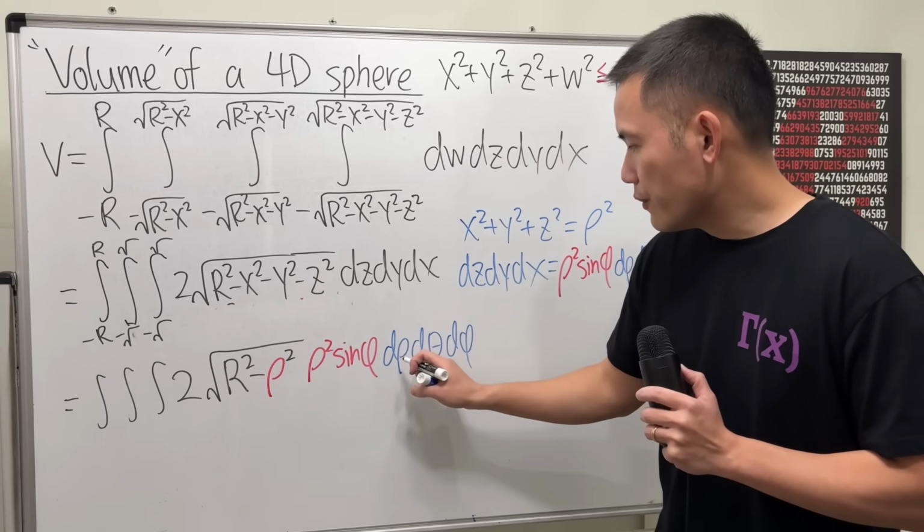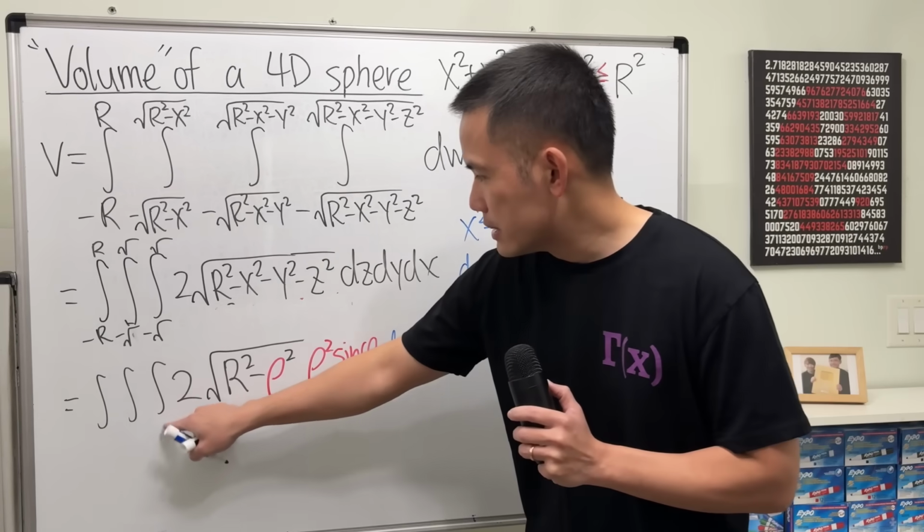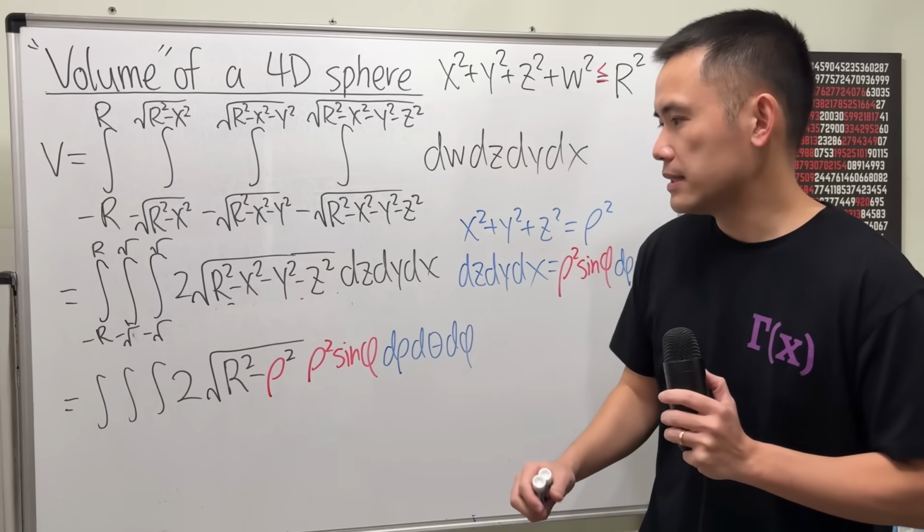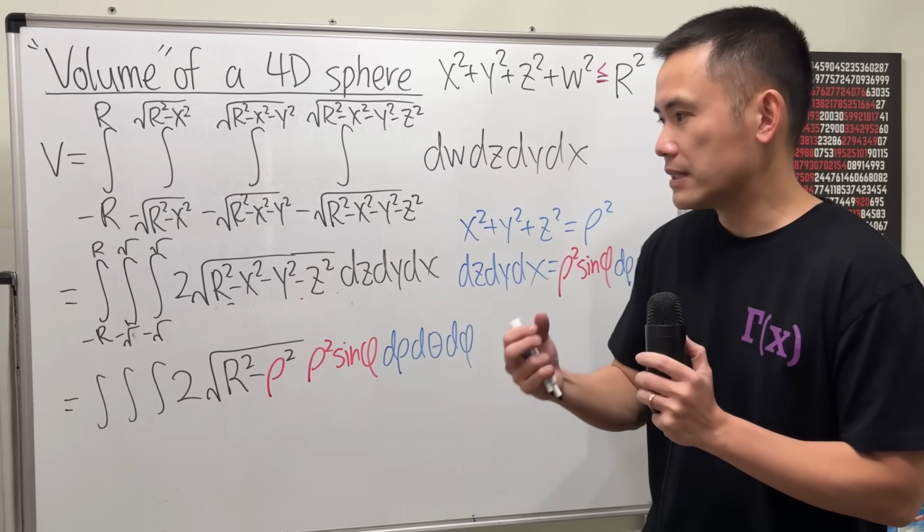Now, I'm just going to fill in the limits right here for rho first. Remember, rho is the distance or the radius of the sphere.